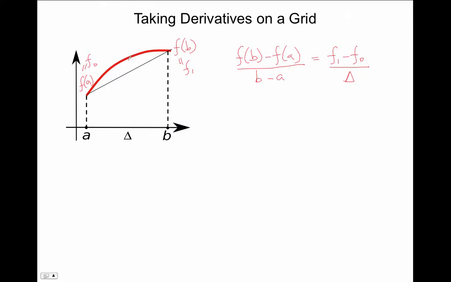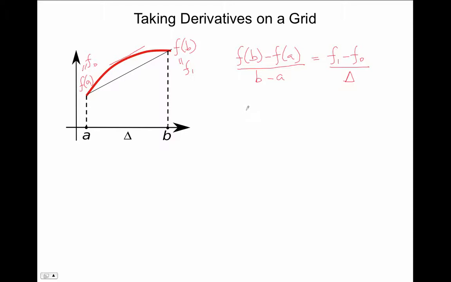Now, you can ask, where is this derivative being taken? After all, here, and this is one of the theorems that we discussed earlier, the derivative of this red curve here is exactly the same as that of this straight line. But elsewhere, it might be a bit different. It's only in the exact limit delta goes to 0 that the two will be the same.